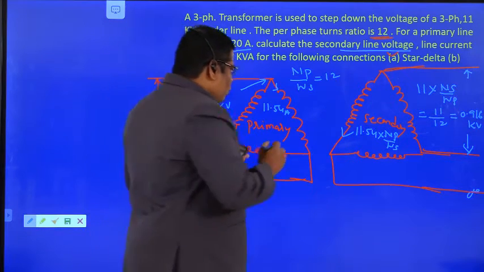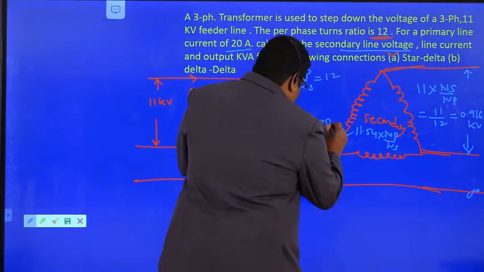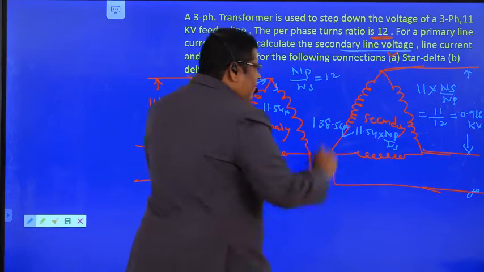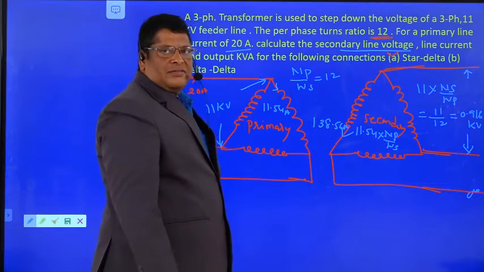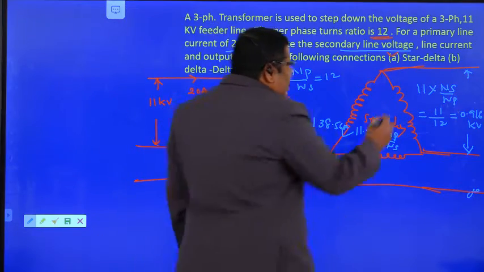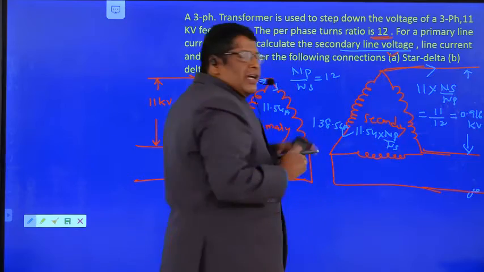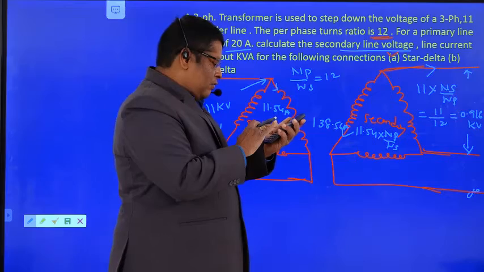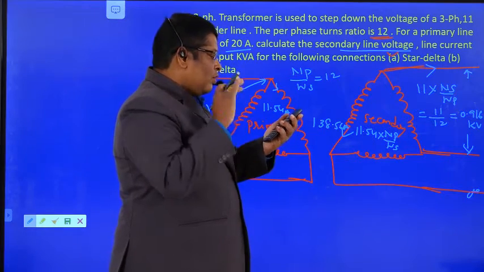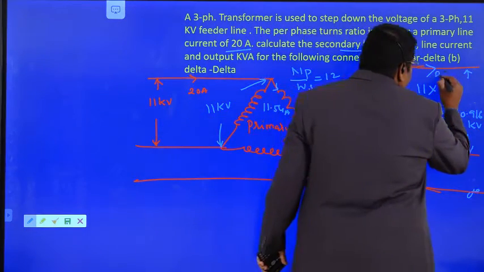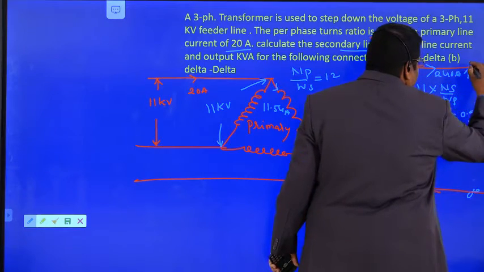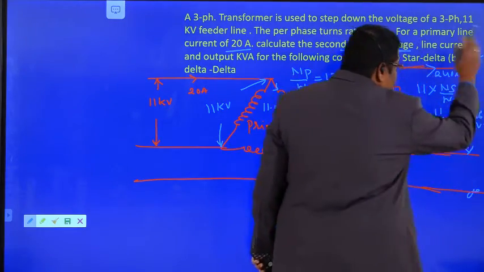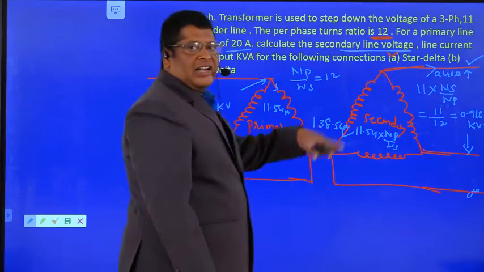We are getting 138.568 amperes. This much current is flowing in a phase. The secondary winding is connected in delta, so the line current is root 3 times this value, into 1.732. We are getting 240 amperes. This is the line current. The second quantity is over, with the delta connection.